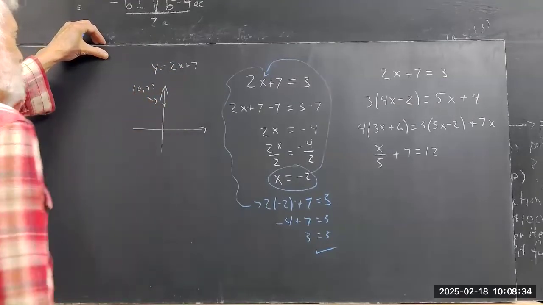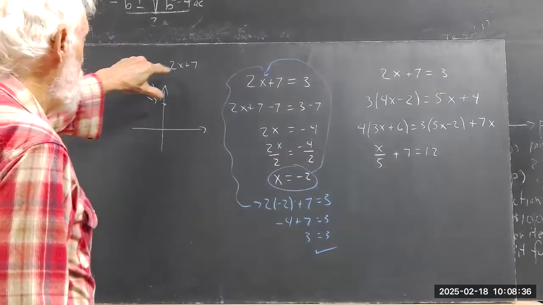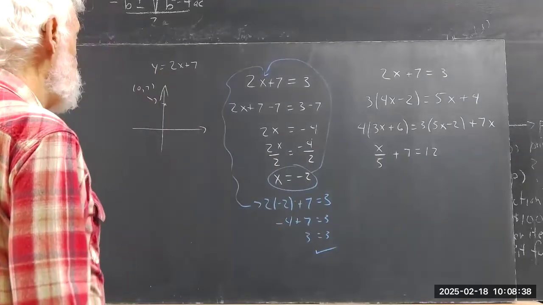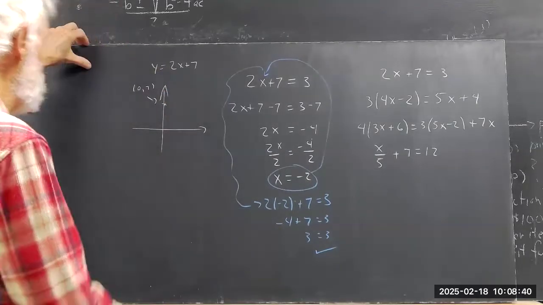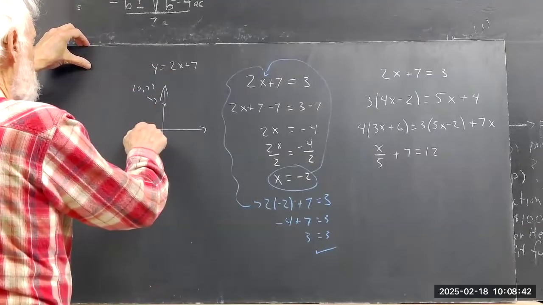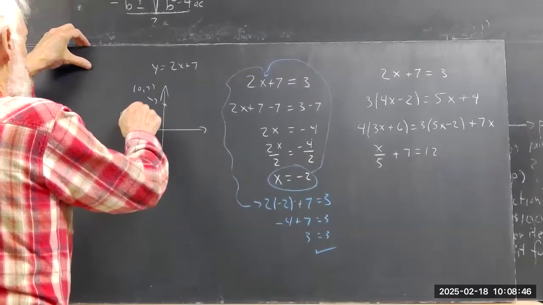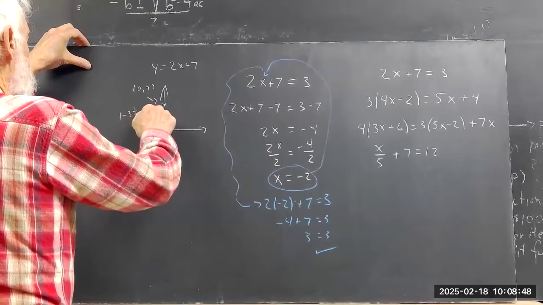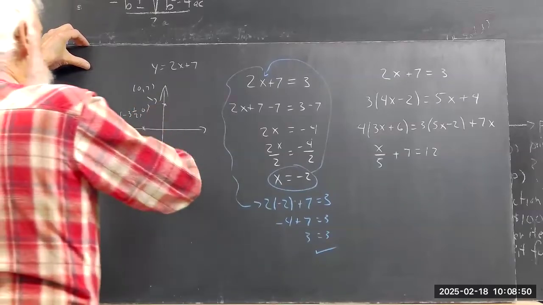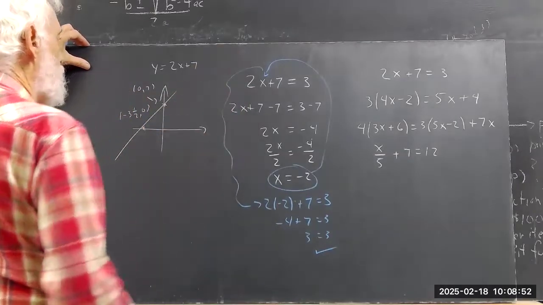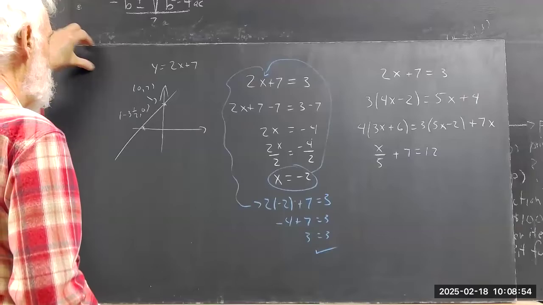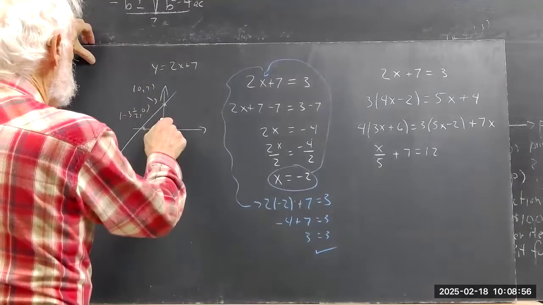Zero 7. If y equals three is about here.